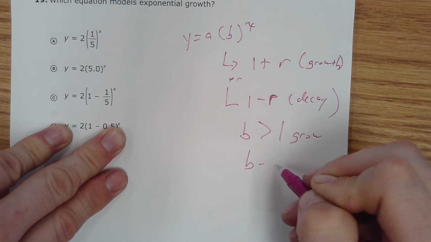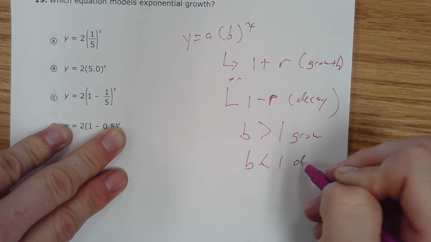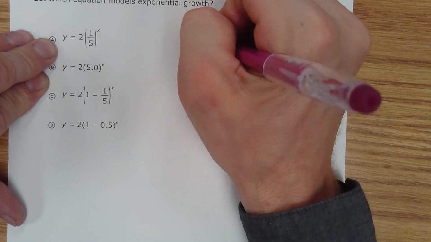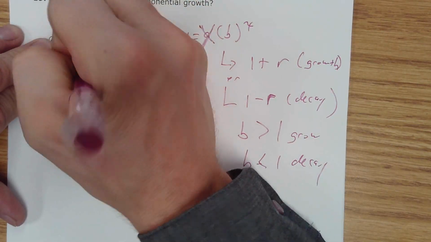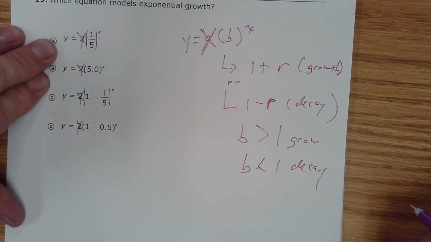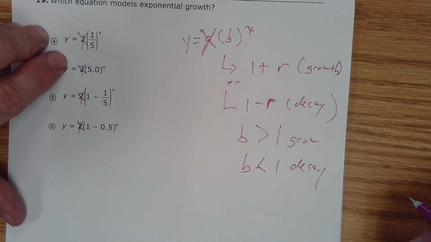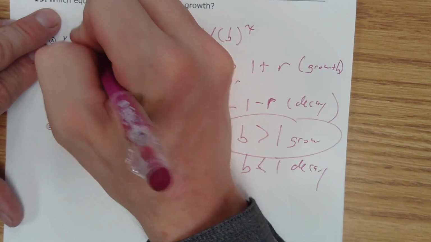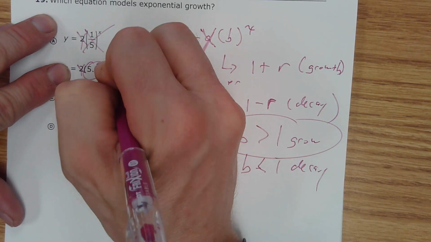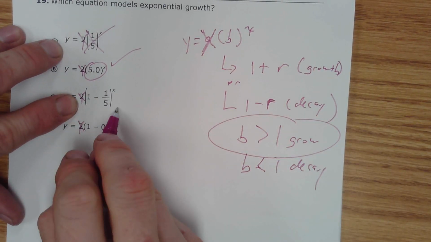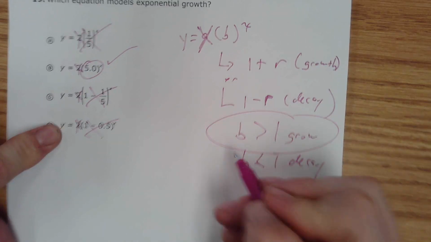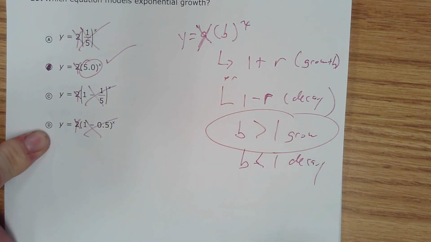If b is less than 1, it's going to decay. Okay, so a doesn't matter. Does not matter at all. I'm looking at which one of these has a b value greater than 1 for a growth. 1/5, not greater than 1. 5 is greater than 1. 1 minus a fifth is not greater than 1, and 1 minus 0.5 is not greater than 1. This must be b.